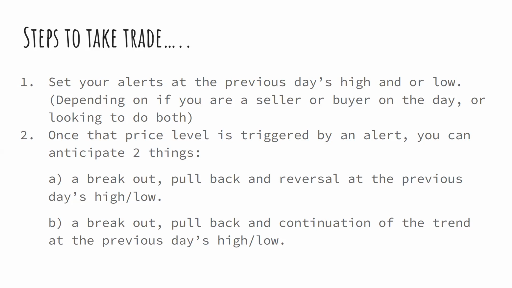But in this case, we're anticipating two things, because what you'll tend to find is that the previous day's high and or low will be triggered during one of the high volatility sessions, such as the London session or the New York session. So you'll tend to find that there will be either a strong continuation or a strong reversal at this point, which is why I'm only including two of the possibilities here.